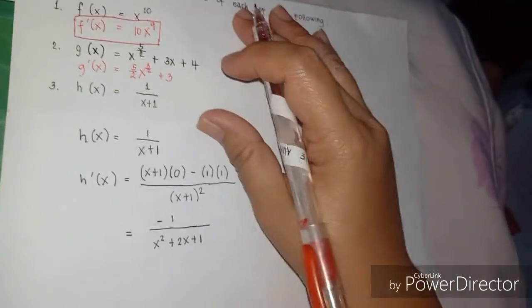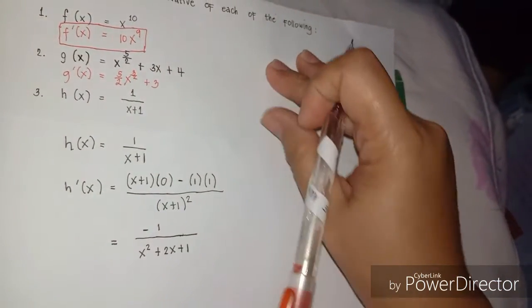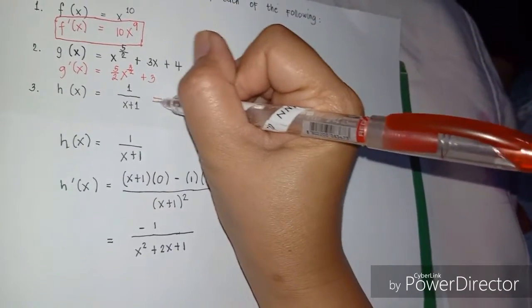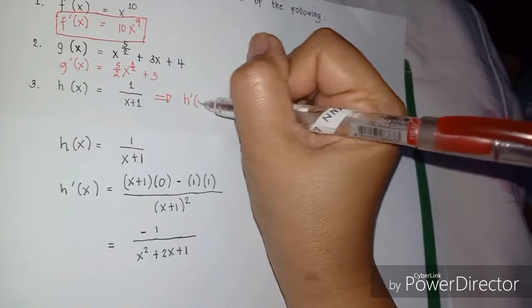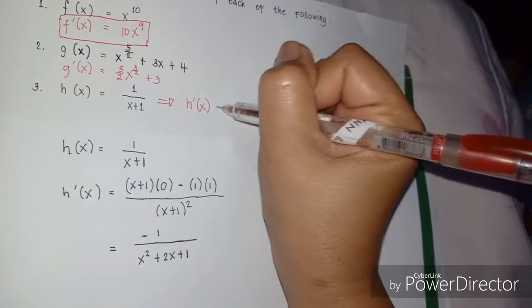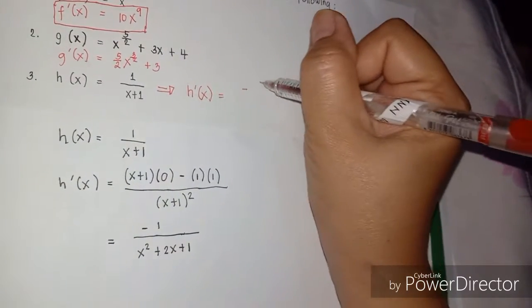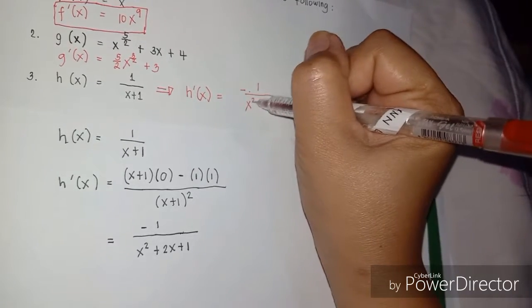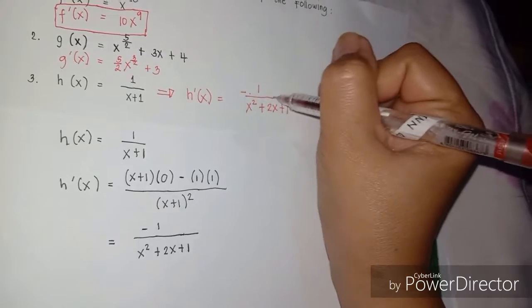So the derivative of h of x is equal to 1 over x plus 1 is negative 1 over x squared plus 2x plus 1.